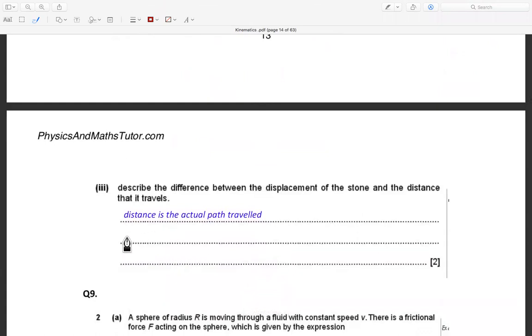But displacement is different. Displacement is like a straight line before and after.